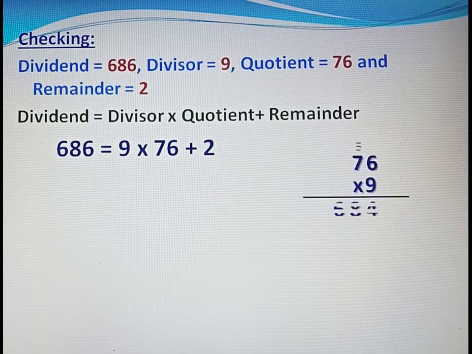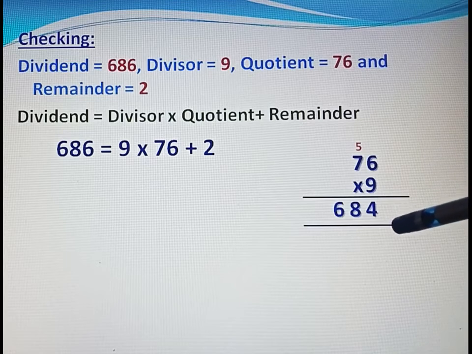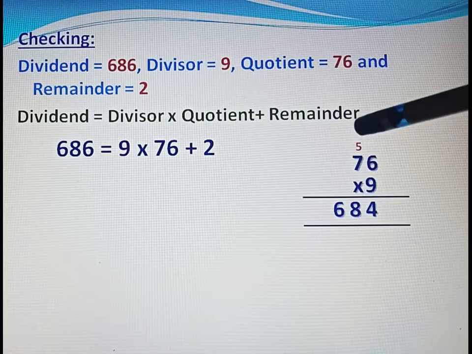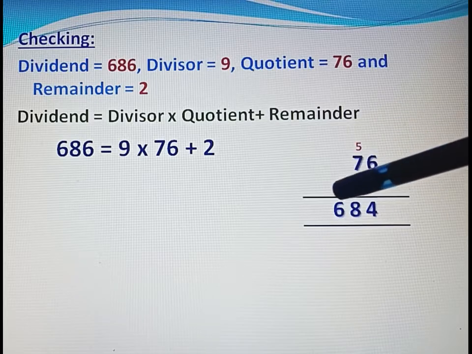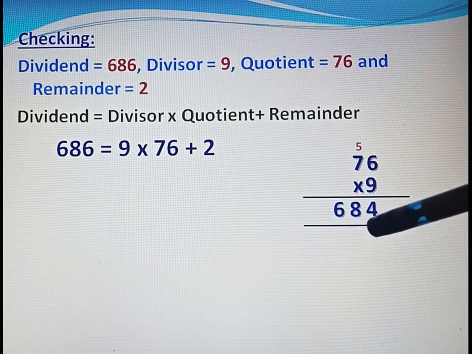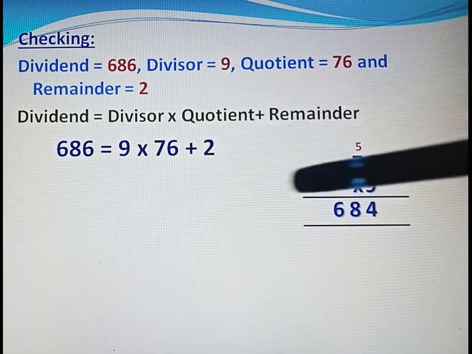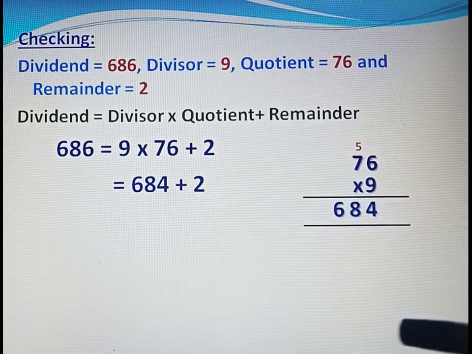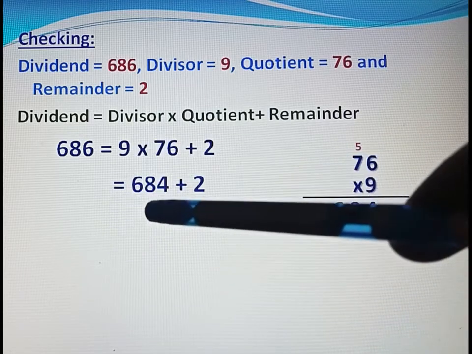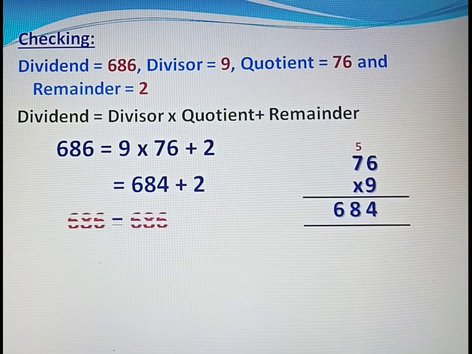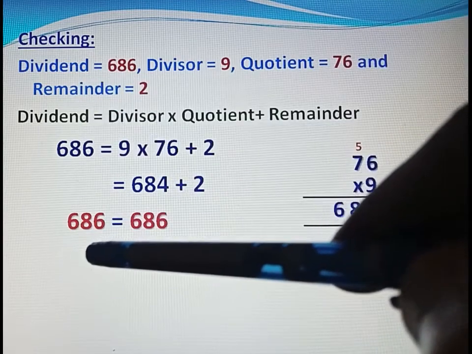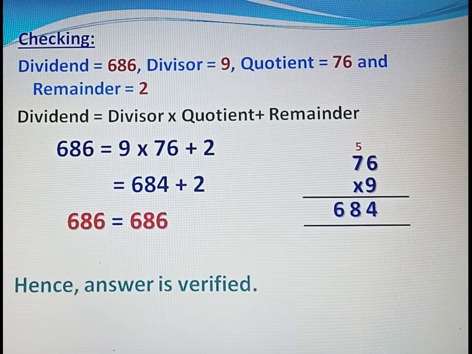Multiply 9 6 ja 54, 4 5 carry, 9 7 ja 63 plus 5 68. 76 multiply 9 equal 684. Right here 684 plus 2 and then we will add 684 plus 2 equal 686 and dividend equal 686. Hence answer is verified.